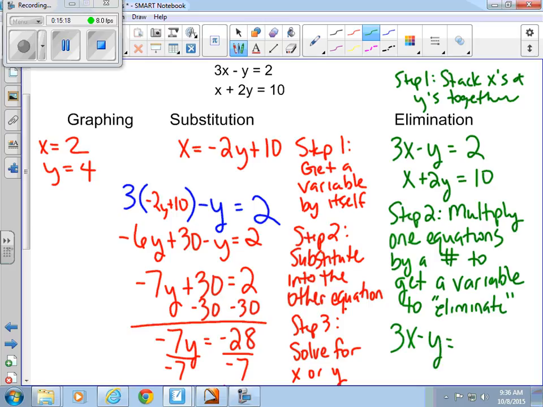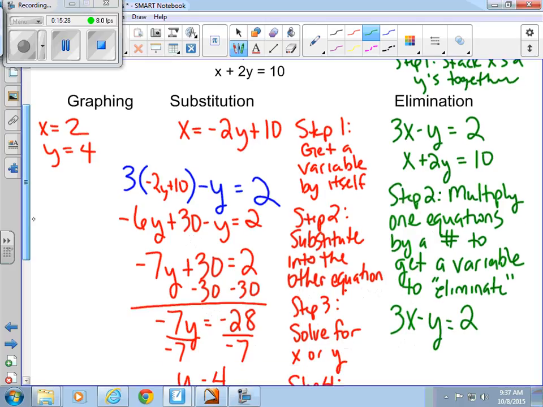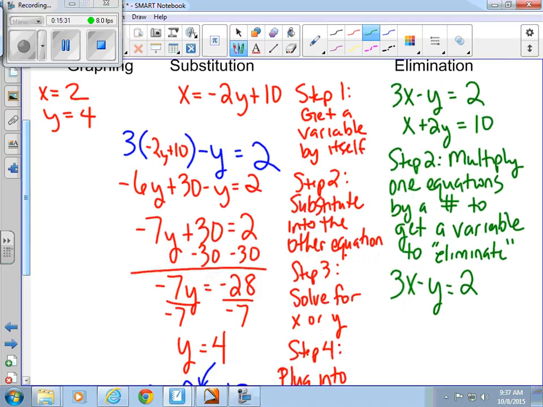Let the bottom equation, I'm going to multiply everything on the bottom by -3.